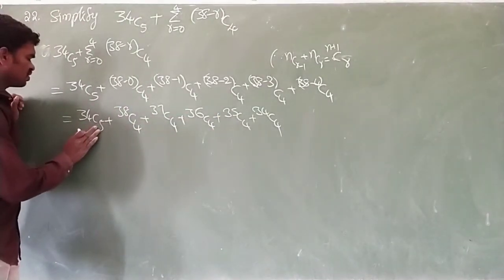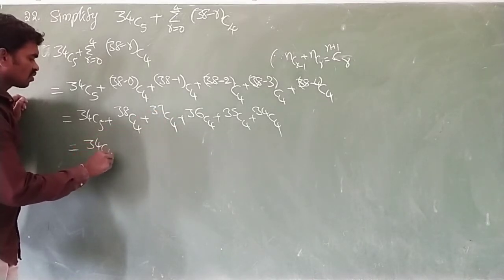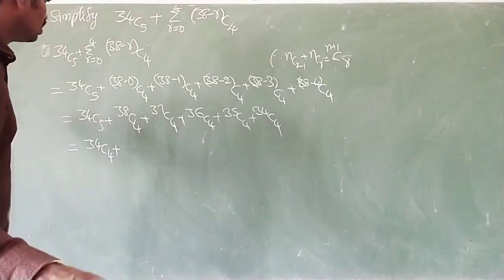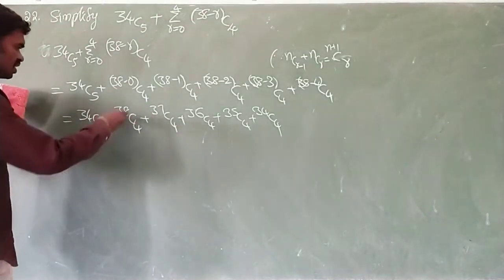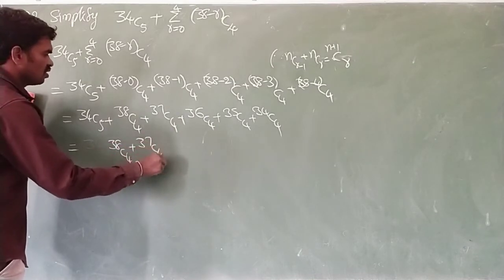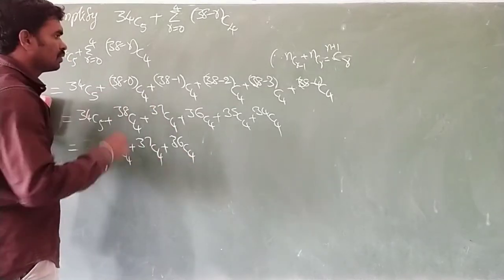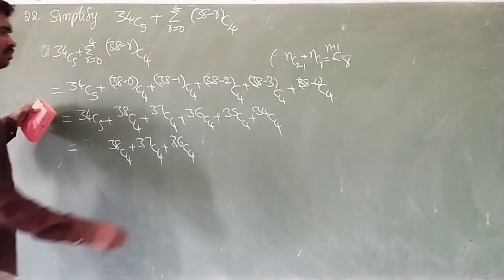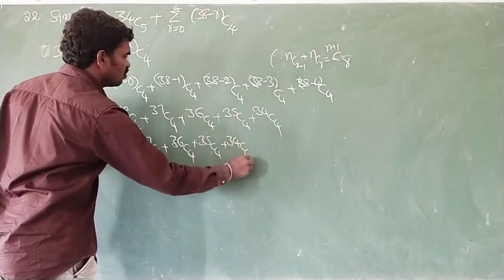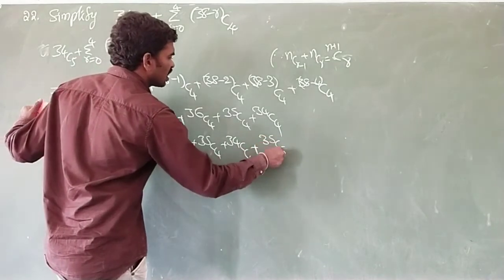So first, 34C4 plus 38C4 plus 37C4 plus 36C4 plus 35C4 plus 34C4 plus this 34C5 I am writing here.